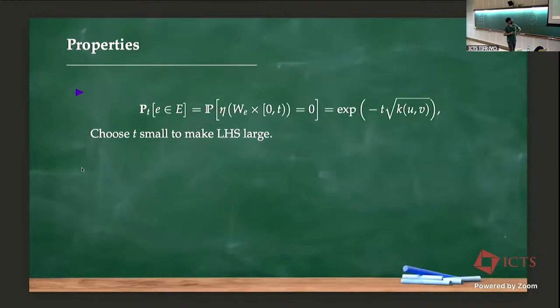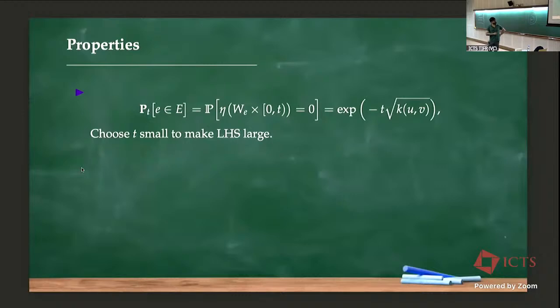So what are the properties of this? Of course, by definition, this edge will be there if and only if the number of Poisson points is 0, right? It's a Poisson process, so I know the probability exactly. It's e to the power minus t times the measure of this.